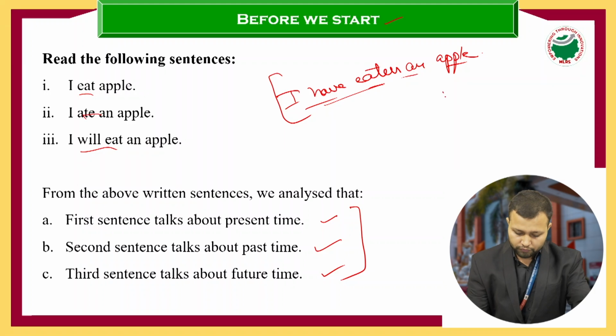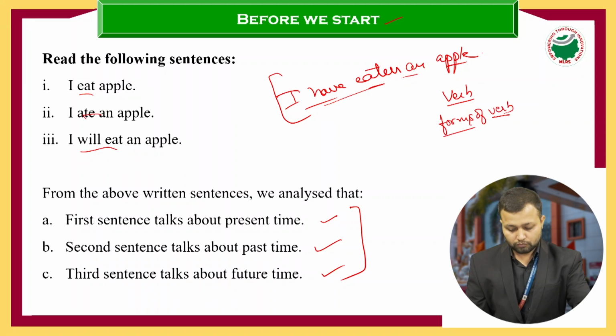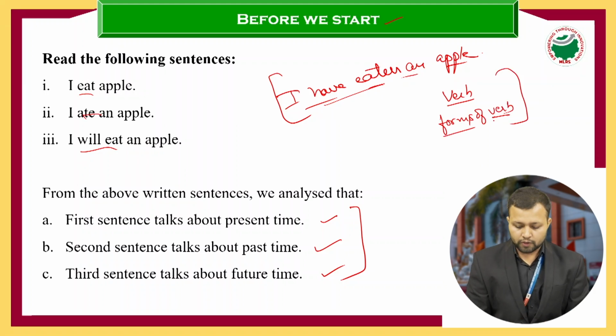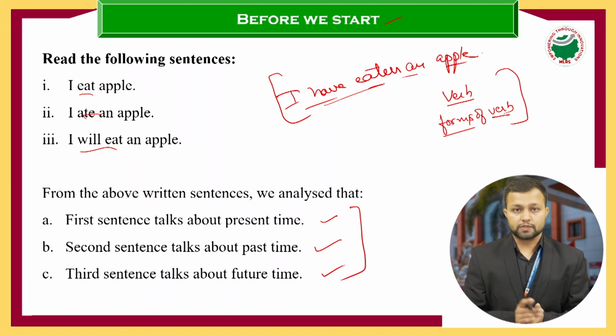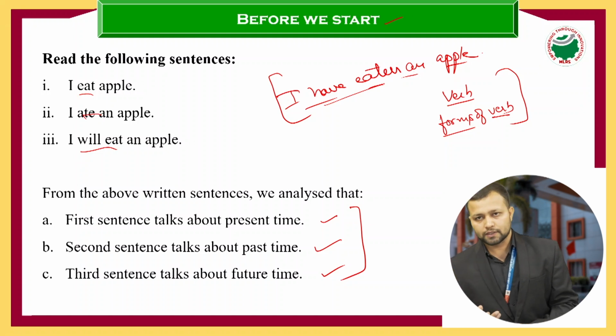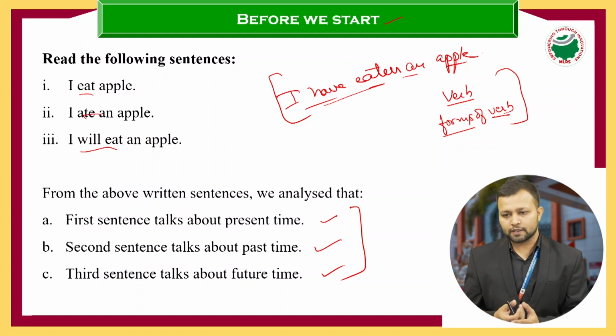Before we move on, we need to understand the verb and forms of verb. The verb and forms of verb will be the base for the topic tenses. So what do you understand by verbs? Anyone? If you know the answer, you can tell it in the comment section. A verb is a word of action, state of being, or possession.